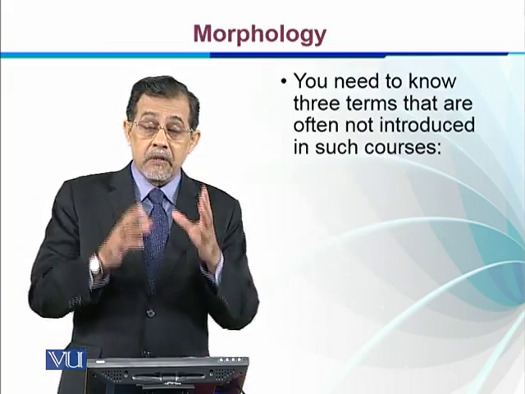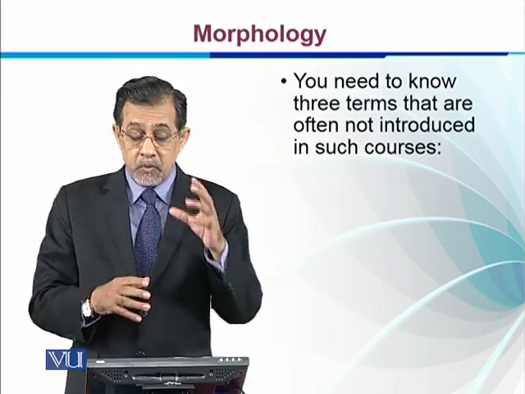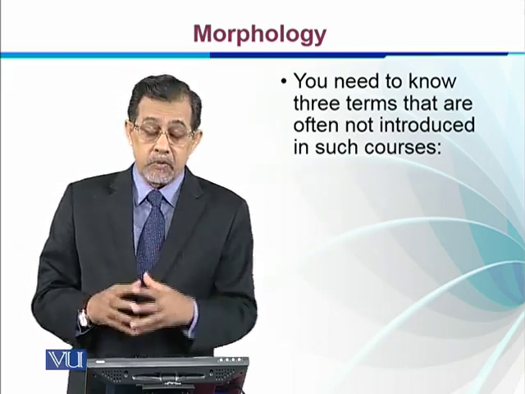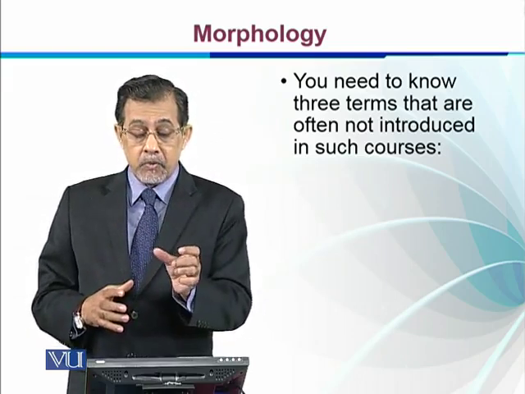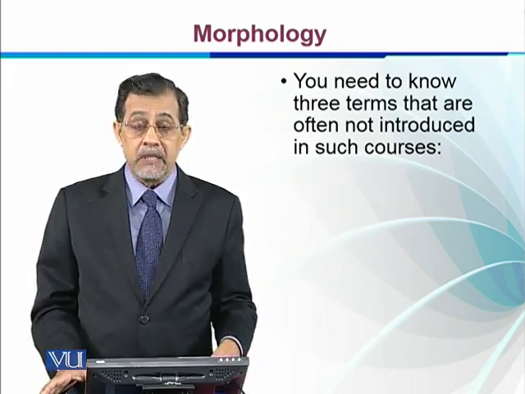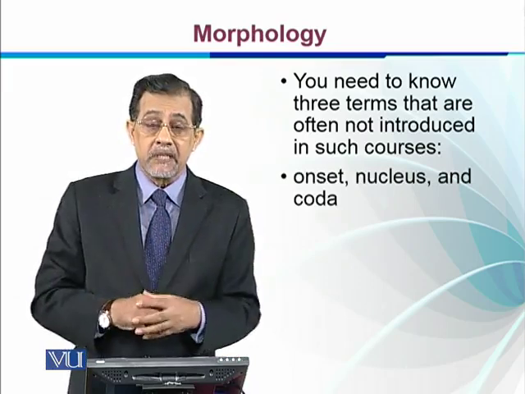To understand their interaction, we need to understand a few basic things so that we can understand how morphology and phonology interact with each other. For example, we should know the structure of a syllable.